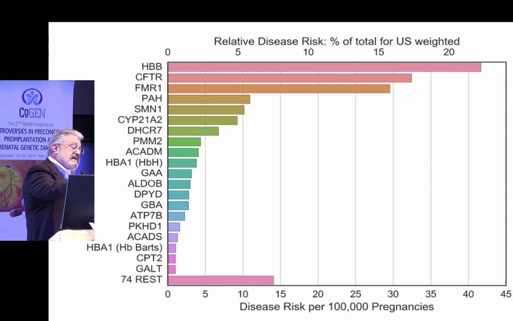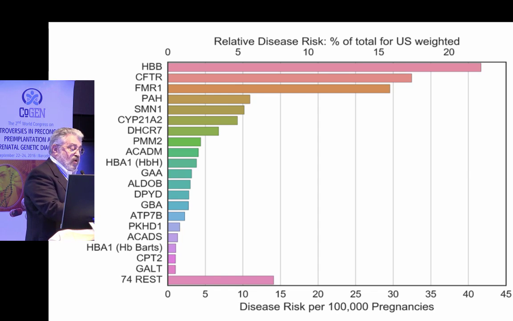And you can see for the more common disorders, hemoglobin B, cystic fibrosis, Fragile X, that those account for a large percentage of cases. So if you can increase the detection rate in those common disorders, you end up detecting many more carriers than increasing the detection rate by a similar percentage in the much less common disorders.